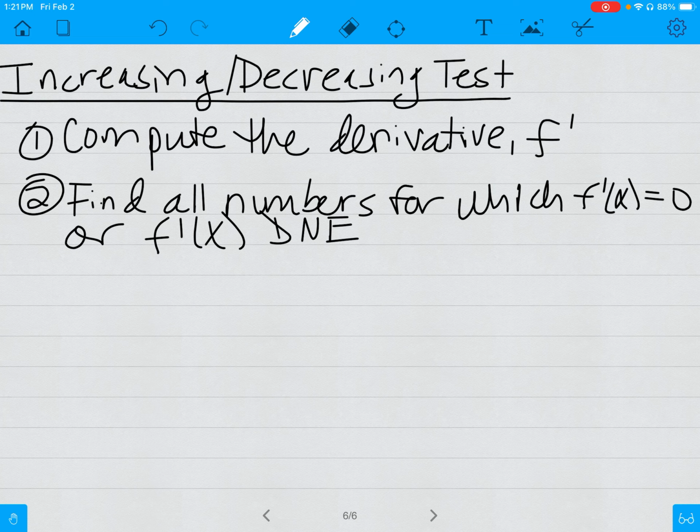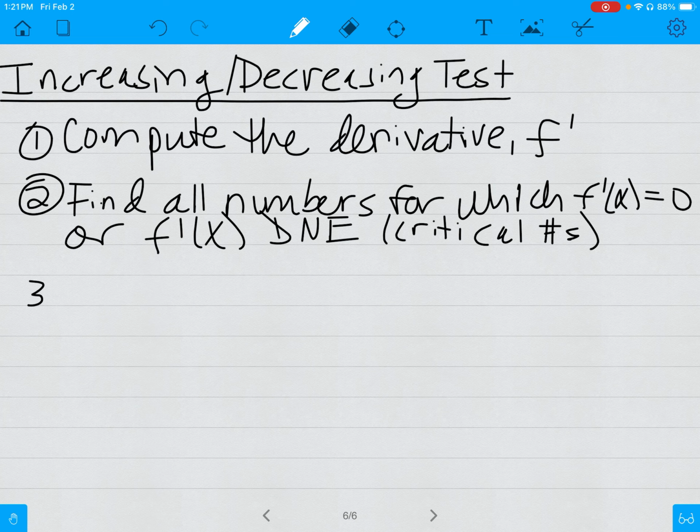And if this sounds really similar to the idea of critical numbers, that's because it's the same thing. Okay, so what we talked about in the last video on critical numbers, step two here is finding the critical numbers.